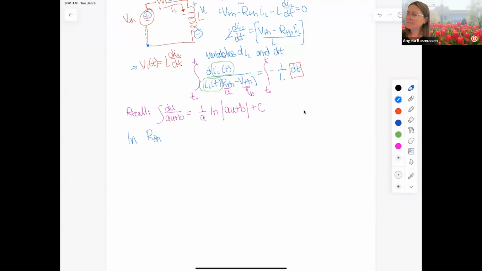So au, RTH IL of t, and then plus b, minus VTH. And then that's going to be evaluated between t0 and t. And then on this side, I have minus 1 over L dt.